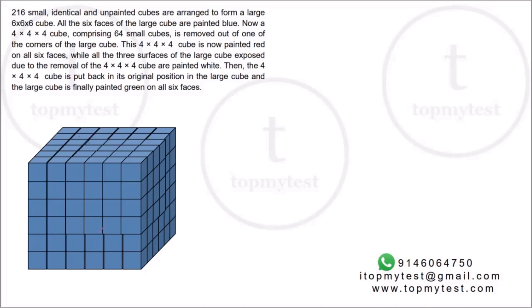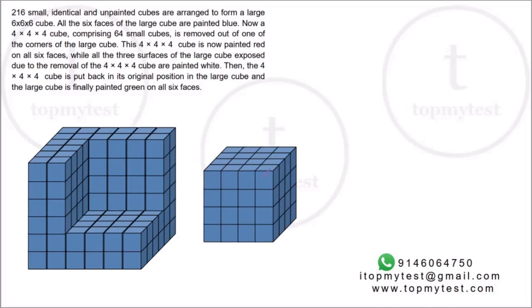So from one of the corners you remove a 4 cross 4 cross 4. I've removed this out. Now this 4 cross 4 cross 4 cube is painted red on all the 6 faces, while the 3 surfaces of the large cube exposed due to the removal of the 4 cross 4 cross 4 are painted white.